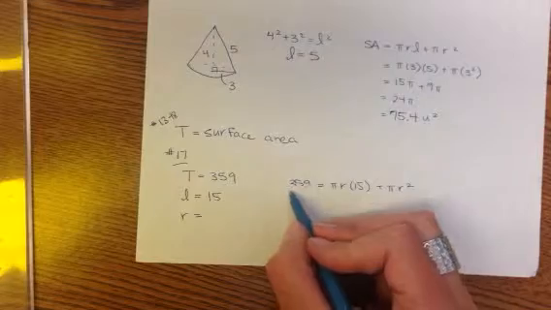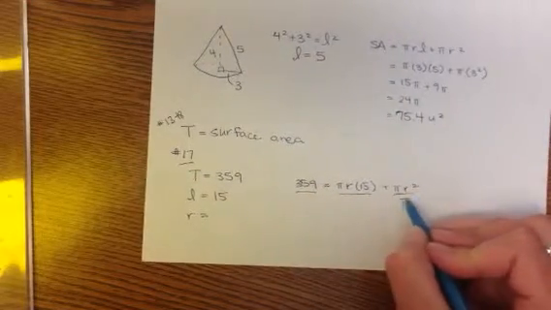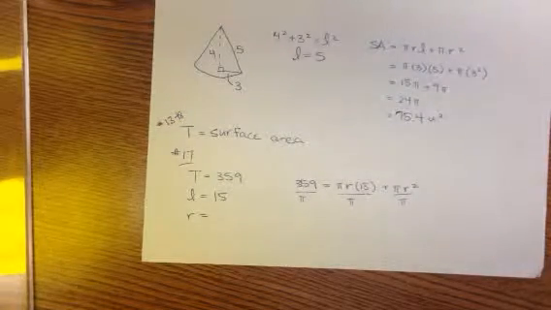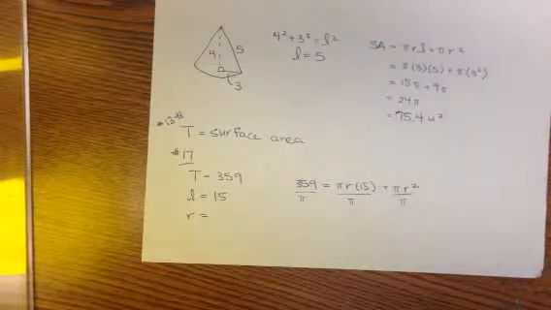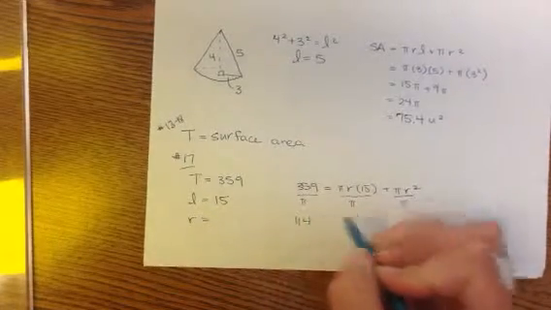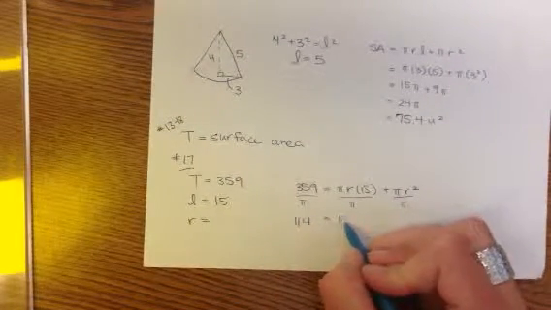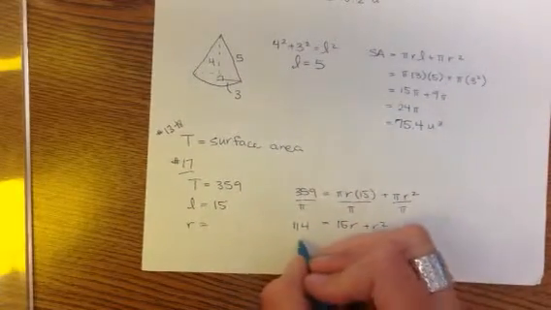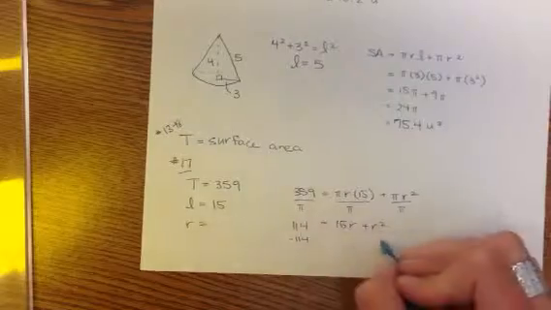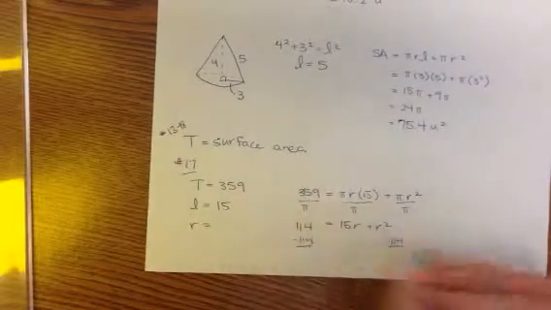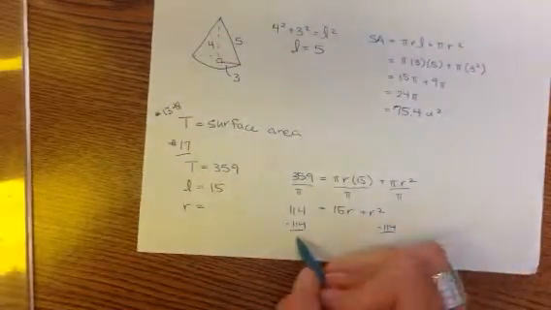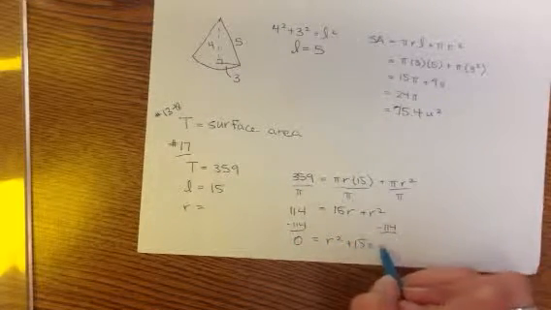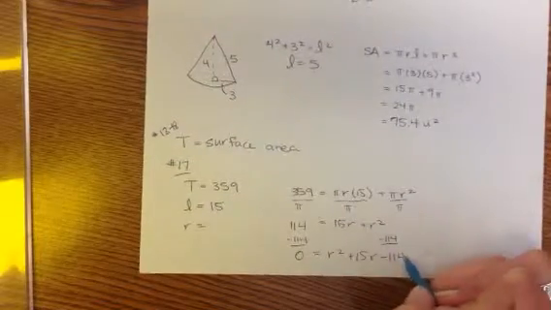So I'm going to divide everything by pi. So 359 divided by pi is 114, and that's equal to 15r plus r squared. And now I'm going to subtract 114 from both sides and rewrite this right side. So it's 0 equals r squared plus 15r minus 114.